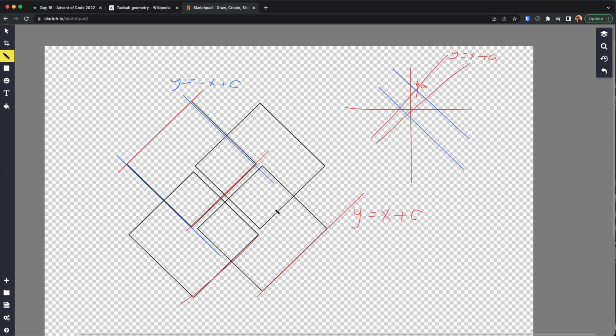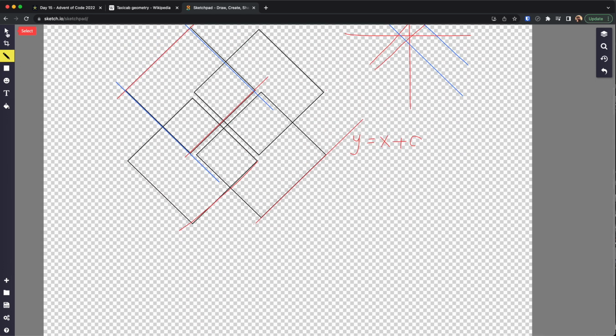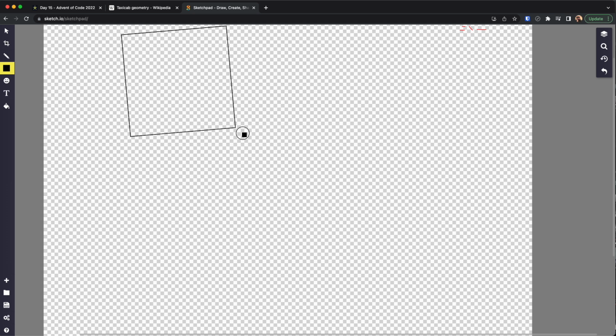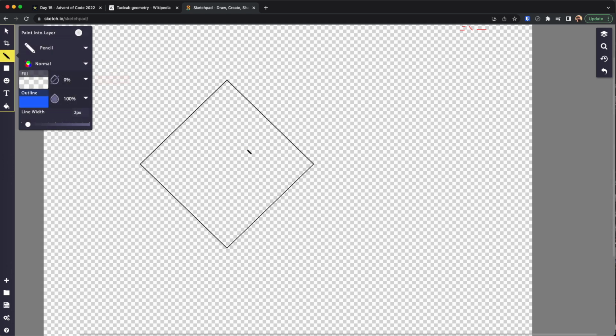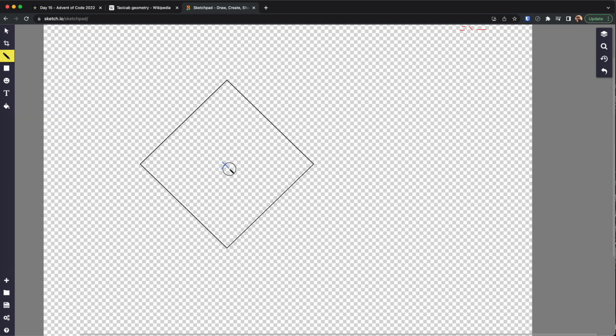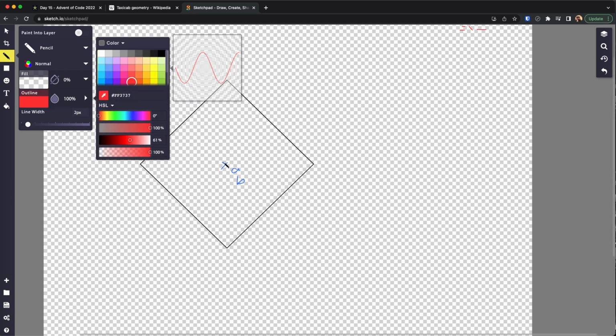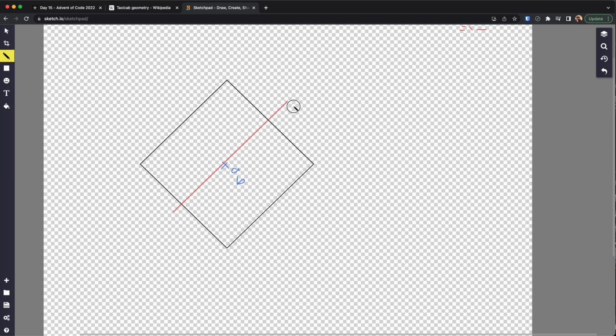Right. So if I have one of these diamond shapes, and I think this is the center point, which is a and b, and I have a positive line like this that goes through this point, it will be y equals x plus b minus a.